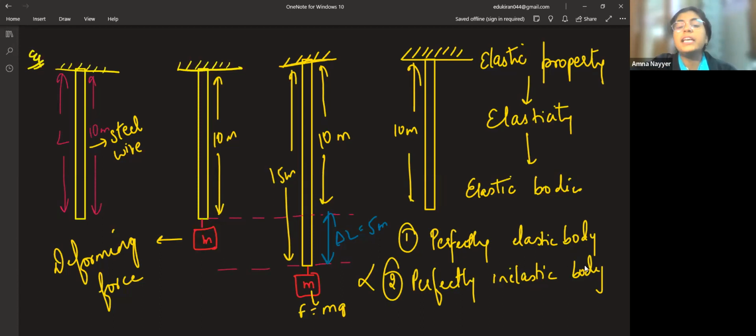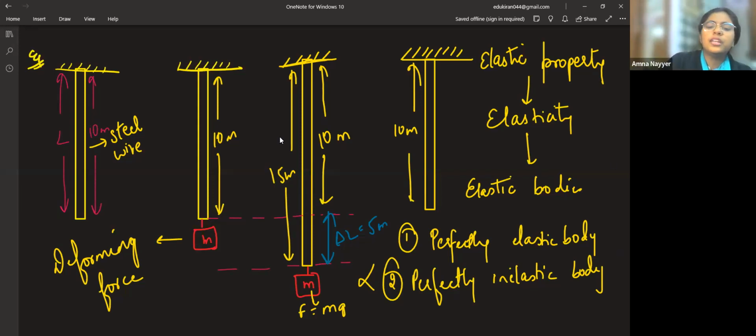Now, suppose when I have removed the deforming force, which is basically mg, because the weight of the block is pulling it downwards, that's why there is a deformation produced. Suppose I have removed this deforming force, and what I am noticing is that the length is still 15 meters. Nothing has changed.